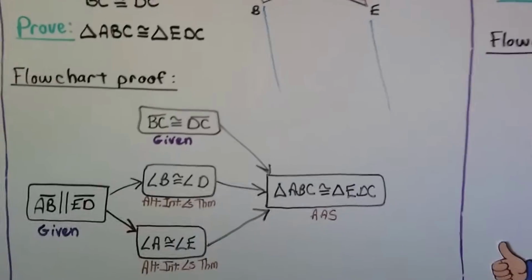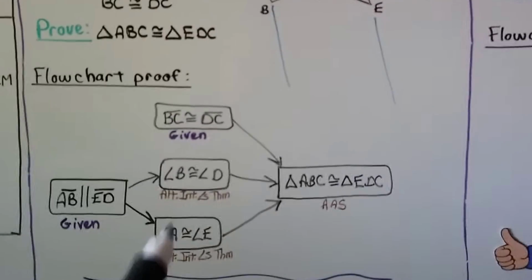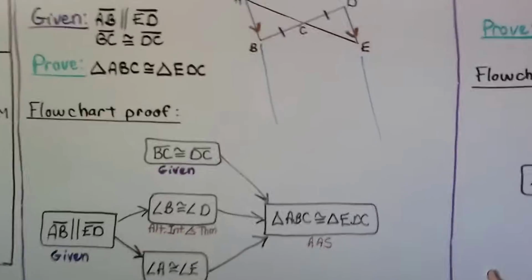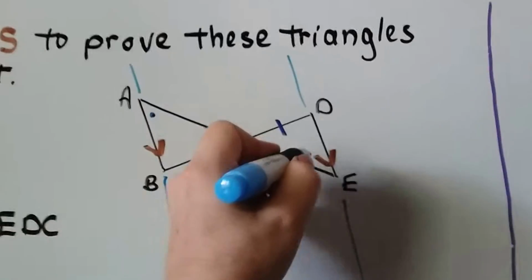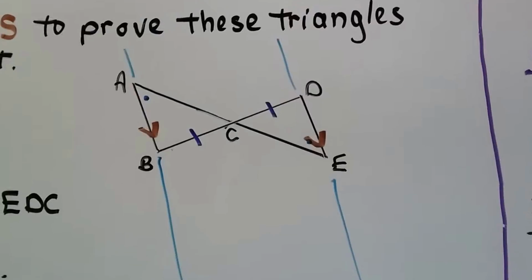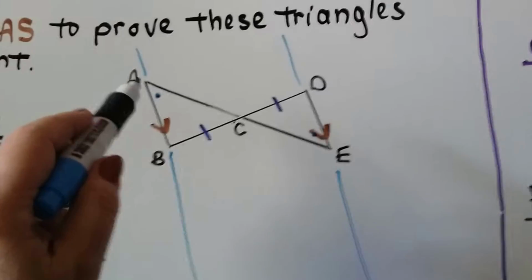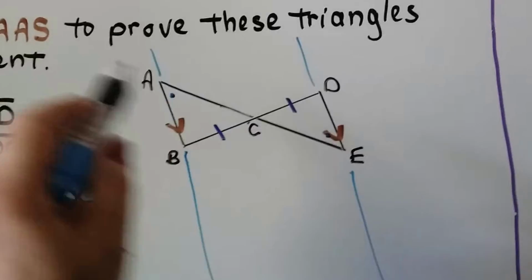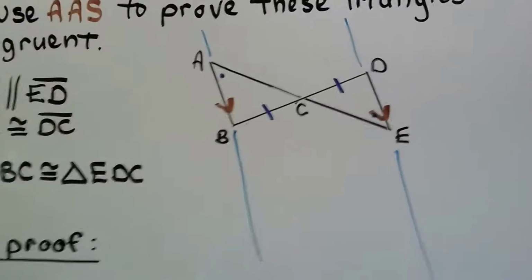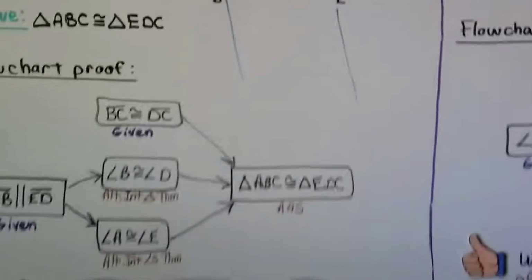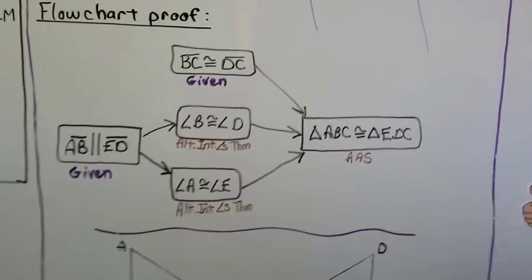And that's our reason, alternate interior angles. We can also say angle A and angle E are congruent, because we would be looking at AE as a transversal. And then this angle and this angle, A and E, would be alternate interior angles, wouldn't they?